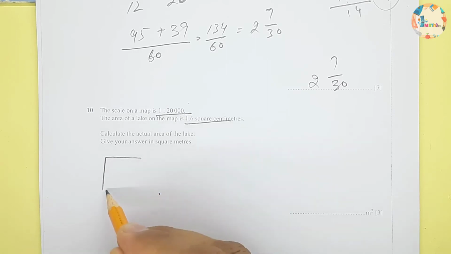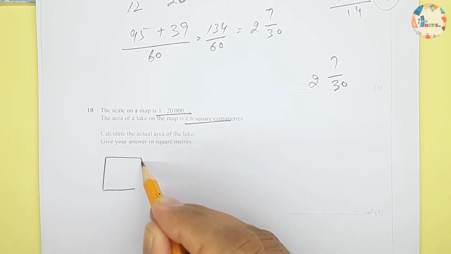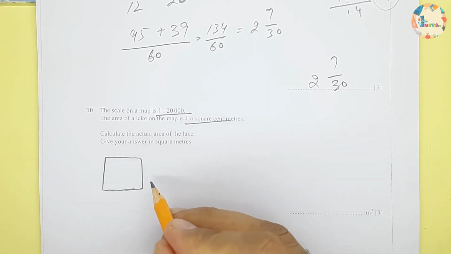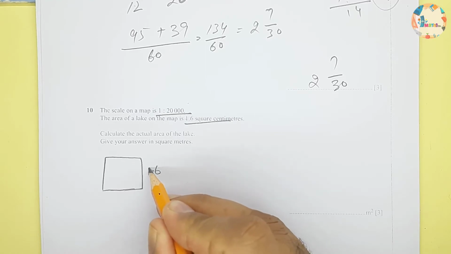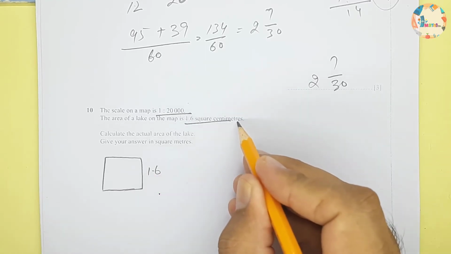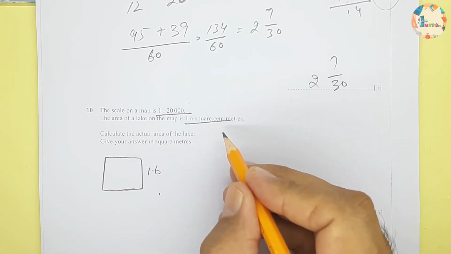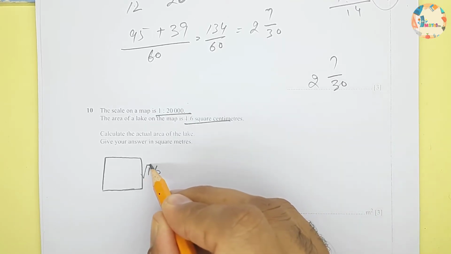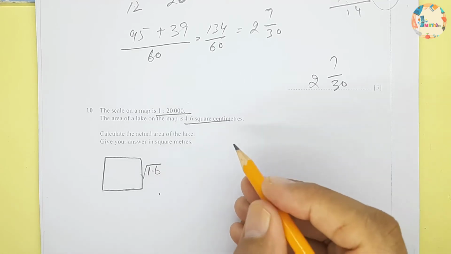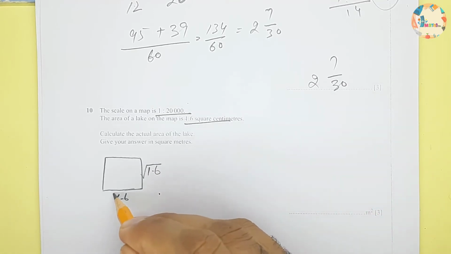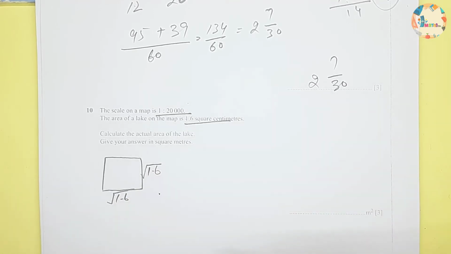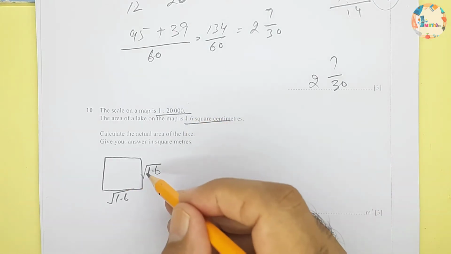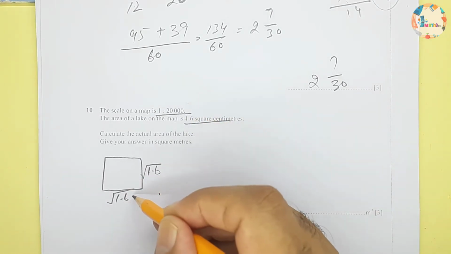This is like a square. So if this is a square, this one is 1.6. They are saying the area is 1.6 square centimeters. So it means each side is the square root of 1.6, because the total area is this into this, which is 1.6.